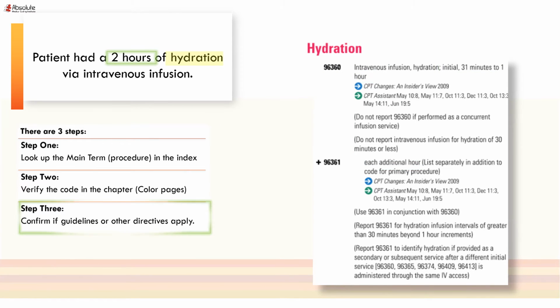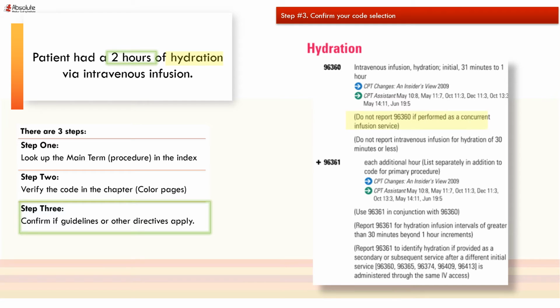Now, our third step is to confirm these codes and see if guidelines or other directives apply. I can already see under this code family that there are some parenthetical guidelines, so we are going to read all of these. They may apply, they may not, but we always have to read them. Let's go ahead and confirm.